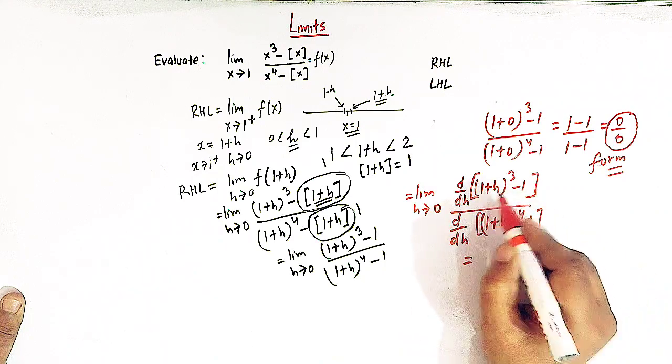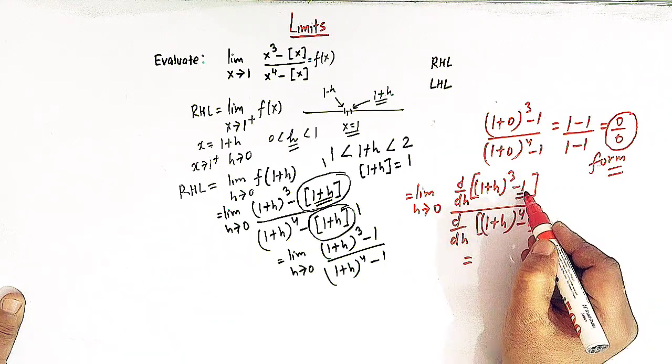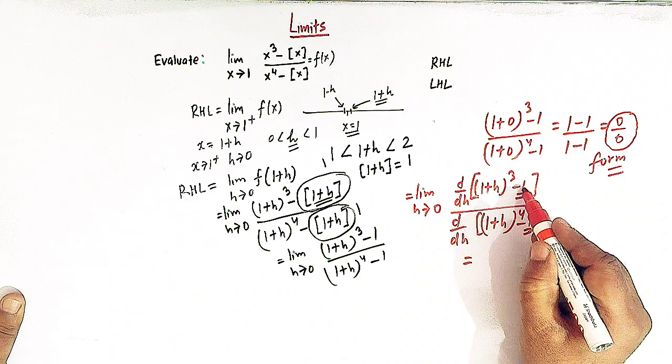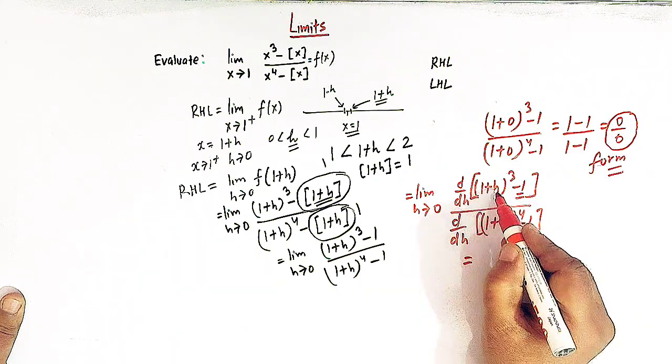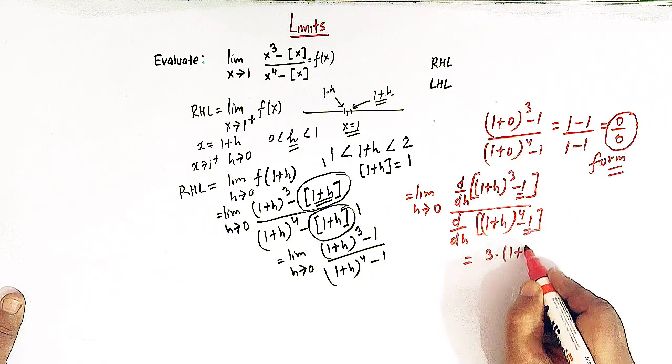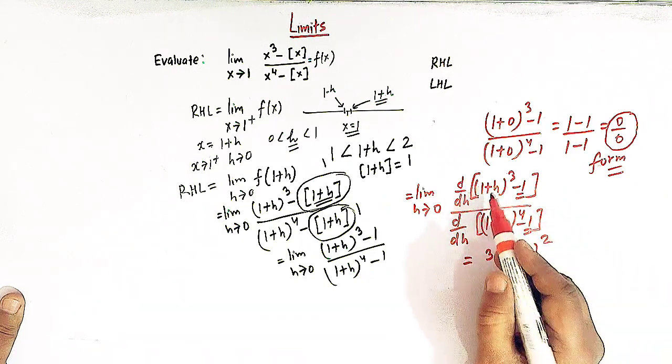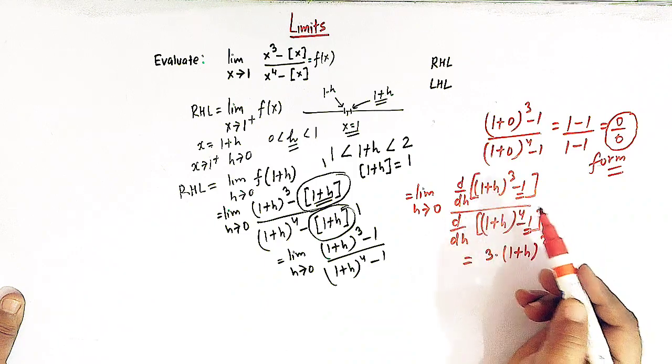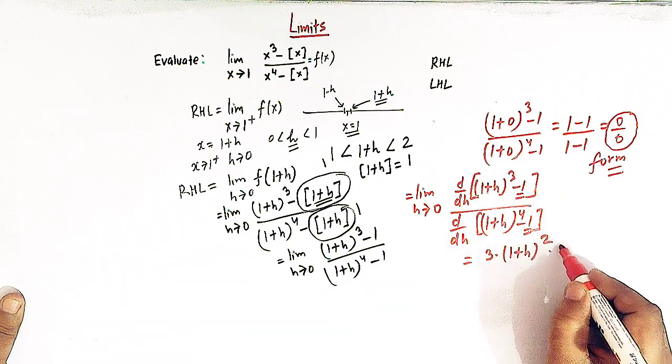The derivative of 1 is 0, and here also the derivative of 1 is 0. The derivative of (1 + h)^3 is 3 times (1 + h)^2, and by chain rule the derivative of 1 + h is simply 1.